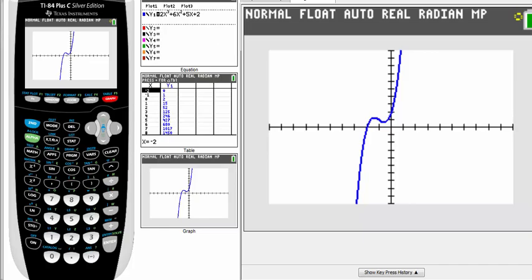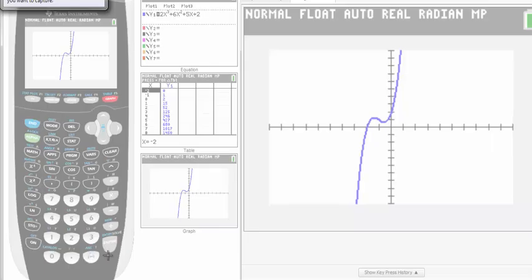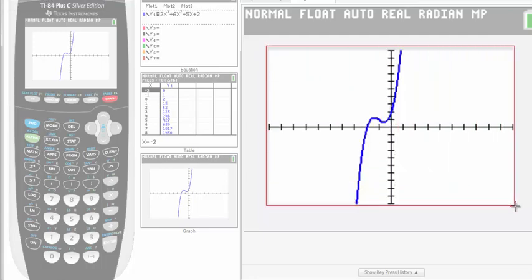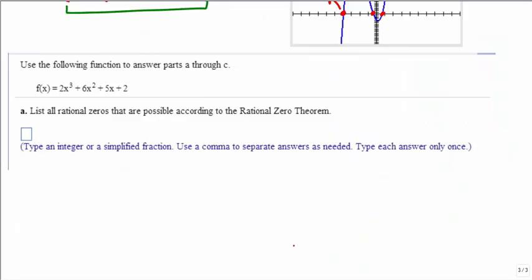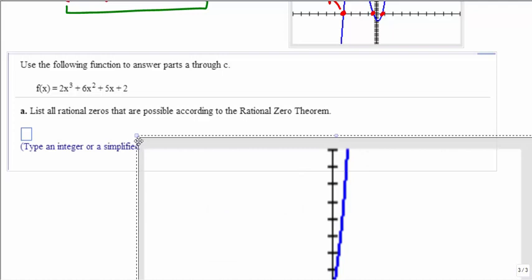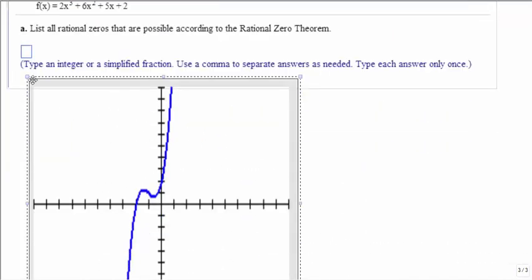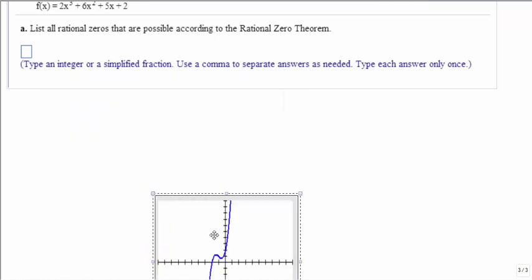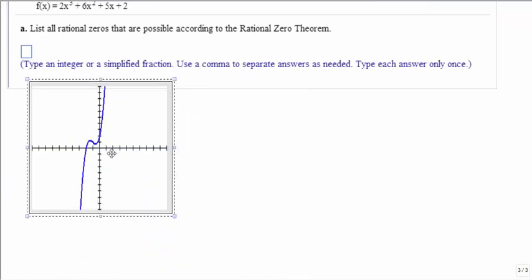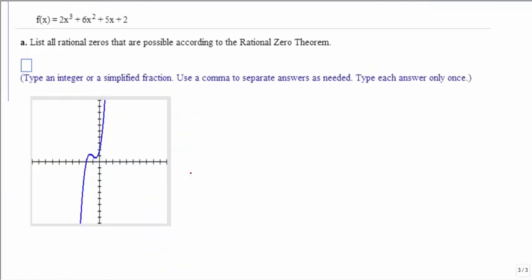So looking at this scale really clarified that I'm only looking for one solution here, because it's only touching the x-axis one time. Okay, so we know before we even start we have one solution, and it looks like to me that that solution is a -2.